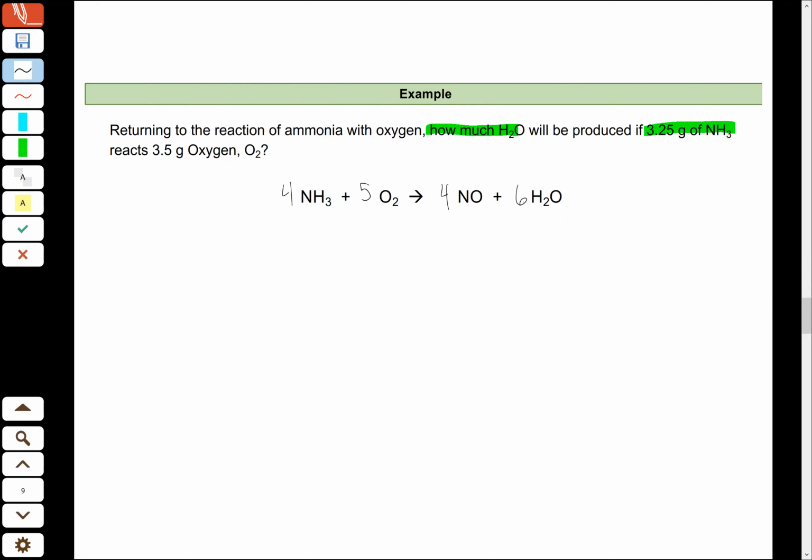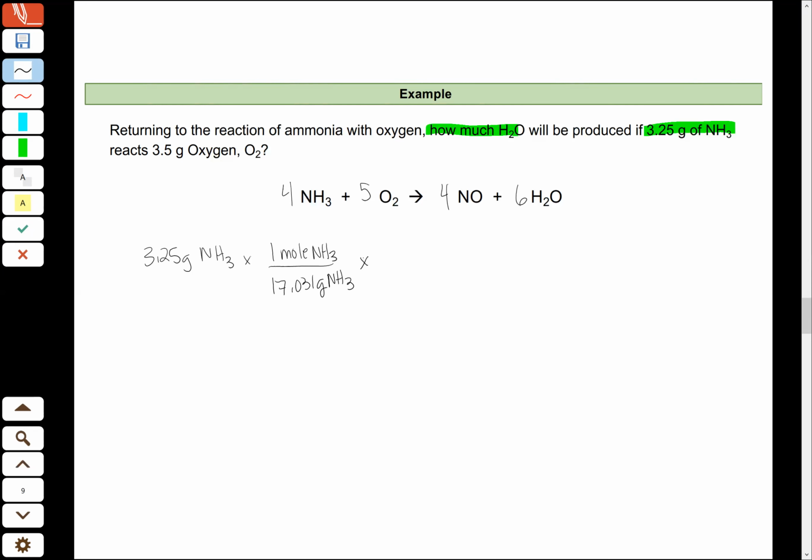And when we did our stoichiometry calculation before, we had 3.25 grams of our ammonia, and we converted it into mass of water. We did that by following our 3 steps. We used 1 mole of NH3 weighs 17.031 grams to convert from mass to moles of NH3.